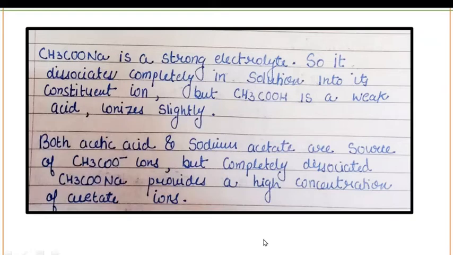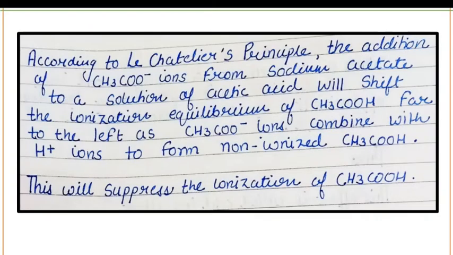That's why in the case of sodium acetate, which is a strong electrolyte, the alpha value will be equal to 100%, while in the case of a weak electrolyte, the value of alpha will be less than 100%. Both acetic acid and sodium acetate are sources of acetate ions, but sodium acetate is completely dissociated. Sodium acetate provides a high concentration of acetate ions.